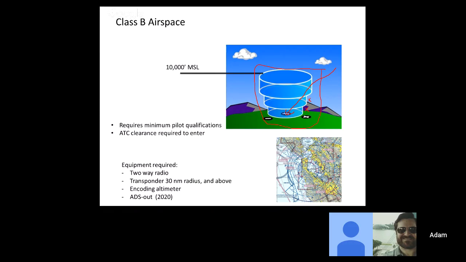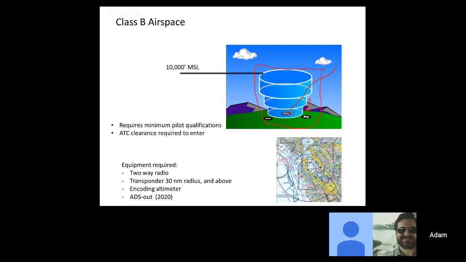So if I'm a student and I want to fly in the DFW Class Bravo, my instructor has to say Adam Roberts has shown proficiency in operating in the DFW Class Bravo airspace, and sign it. So either you've got an endorsement or you are a certificated private pilot or above.